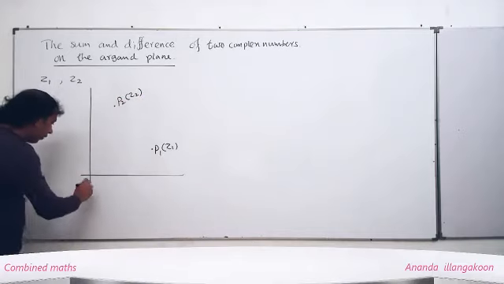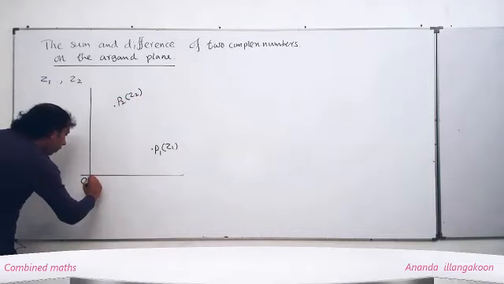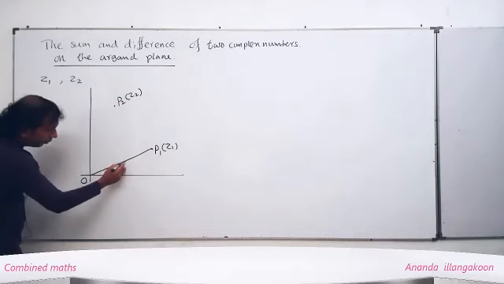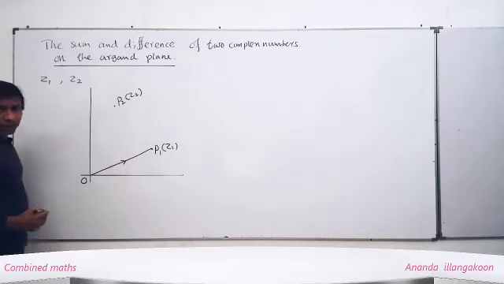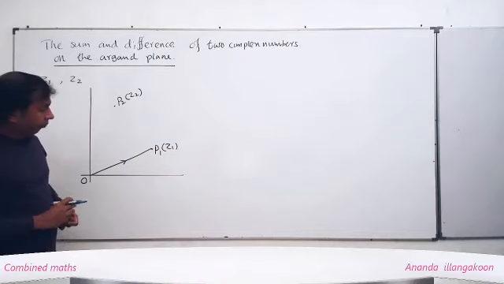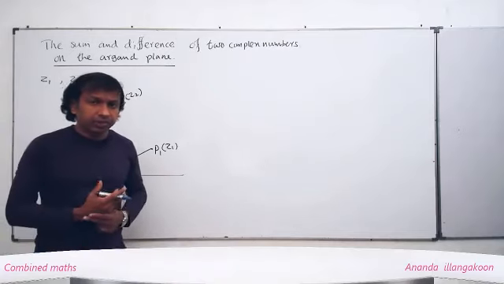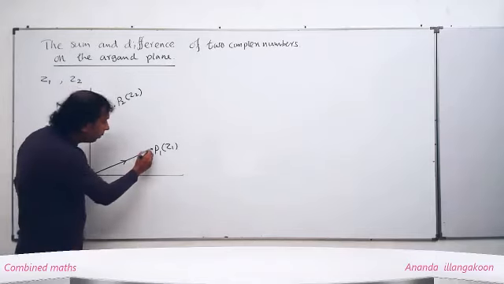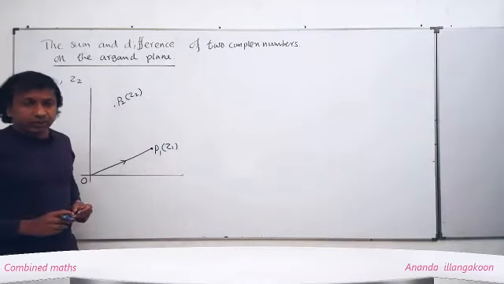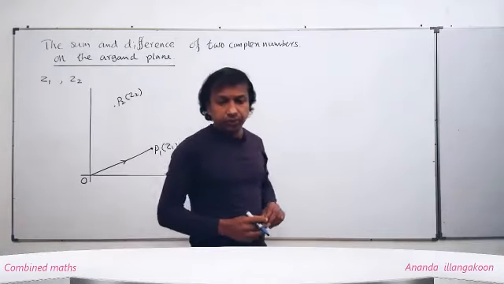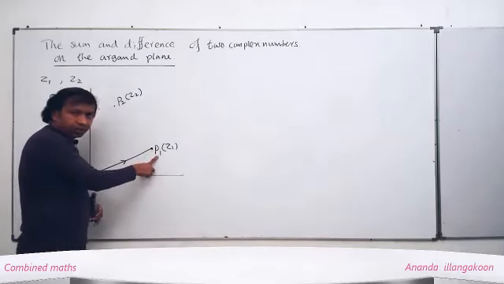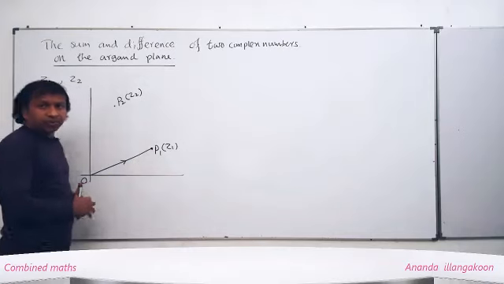Then if I join the origin O to the point P1, the OP1 line segment with the arrowhead represents the complex number Z1 in polar form. In Cartesian form, the point P1 represents the complex number Z1. There's nothing to get confused about there, right? The point P1 has a real coordinate and an imaginary coordinate, and using those two coordinates you can write the complex number Z1.